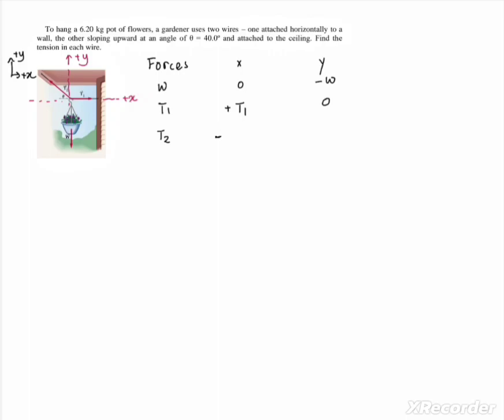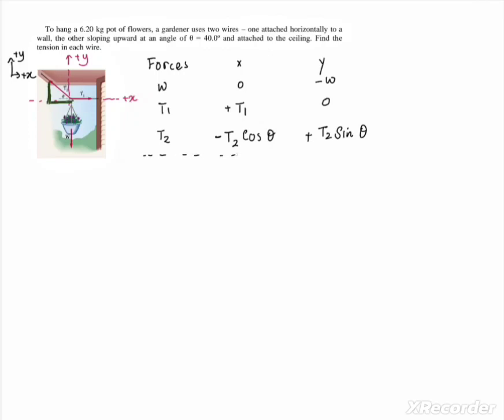So our x component is negative, so you can write negative T2 cosine theta, because this here is our x component, and here would be our y component, and the y component is positive, it's T2 sine of theta.